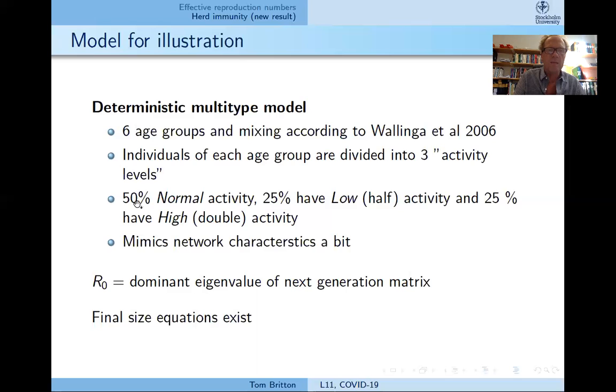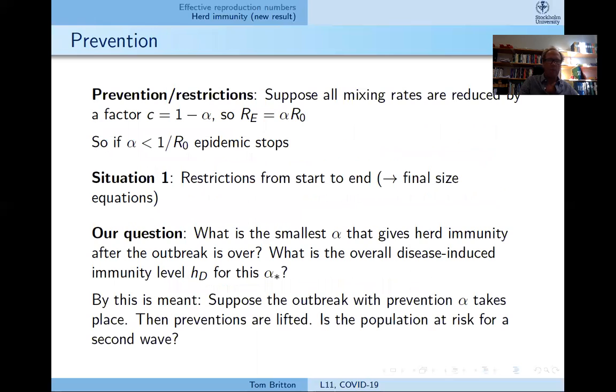So in total there were 18 different groups, and R0 is, as I described in a previous lecture, the dominant eigenvalue of this next generation matrix. And if you have this model, you can compute the final size equations numerically. I will not present how that is done.